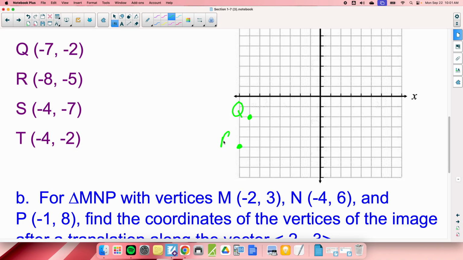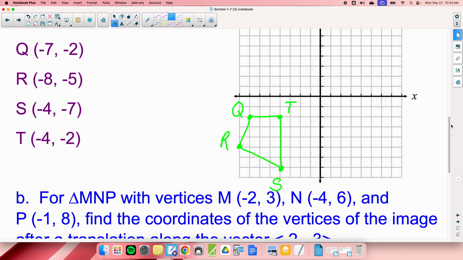Okay, that is our R. S is -4 and then down 7. 1, 2, 3, 4, 5, 6, 7. That is our S. And then T is -4 down 2. That is our T. So your first figure should look something like this.